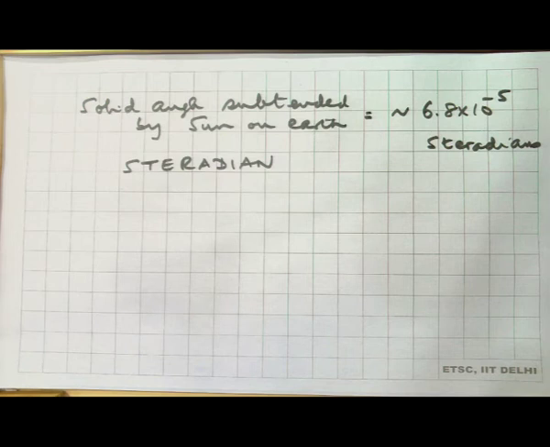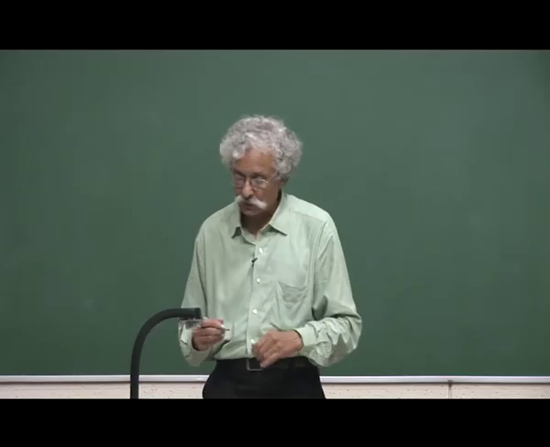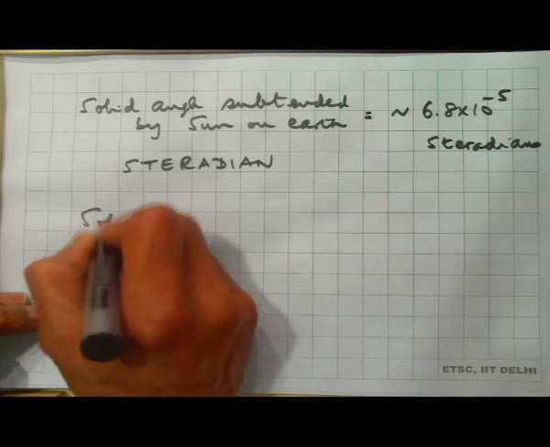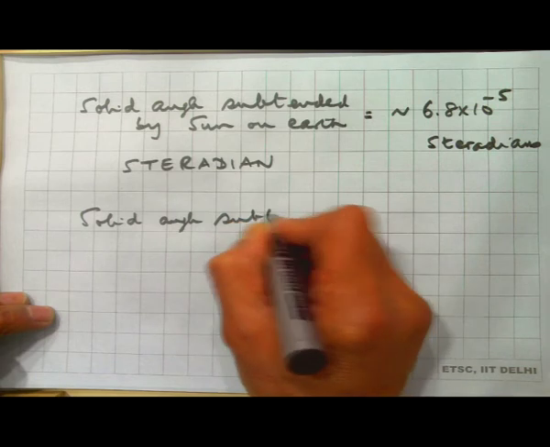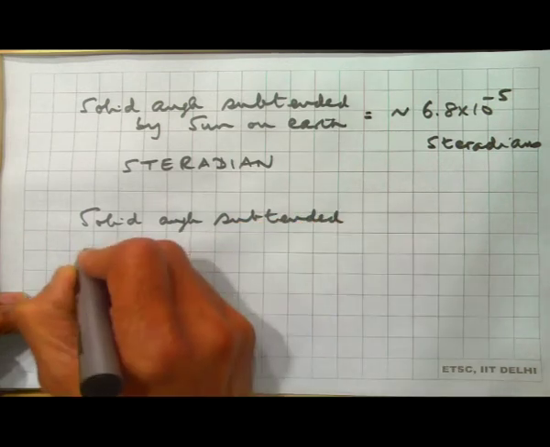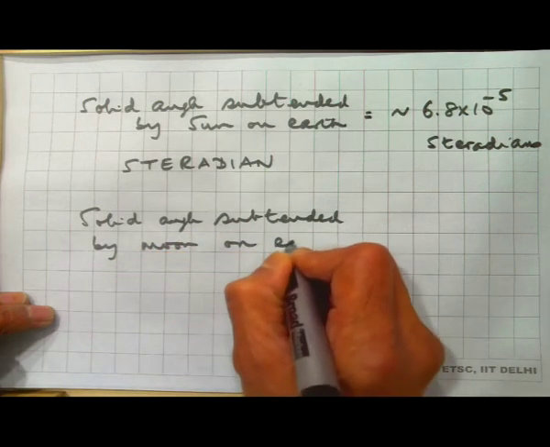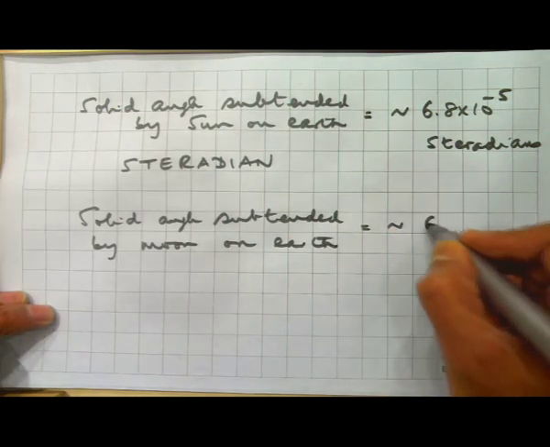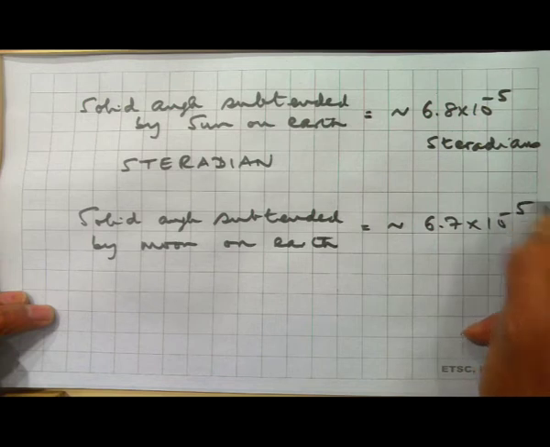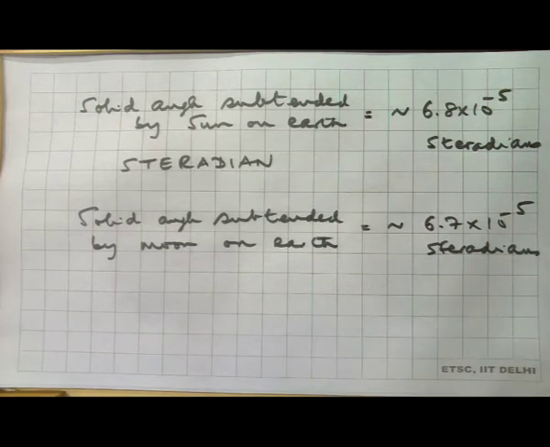Radian is a unit of angle; steradian is a unit of solid angle. The solid angle subtended by the moon on earth is approximately 6.7 into 10 to the minus 5. Almost equal.